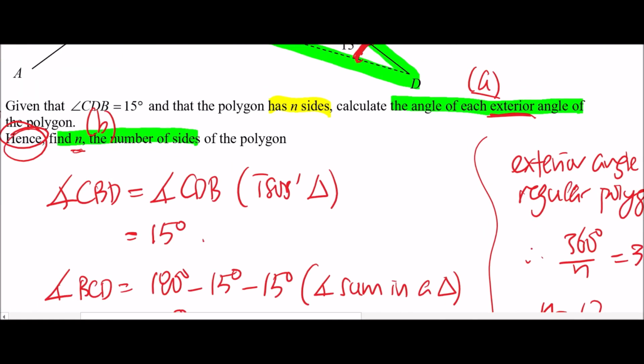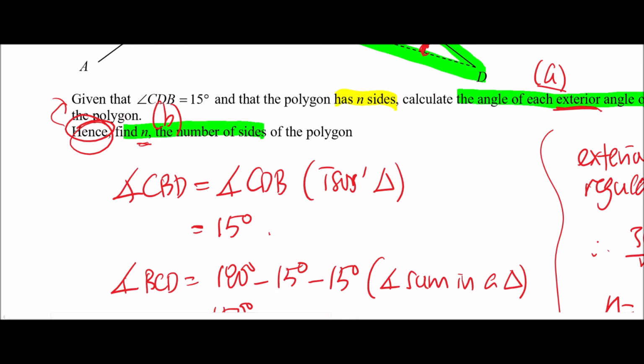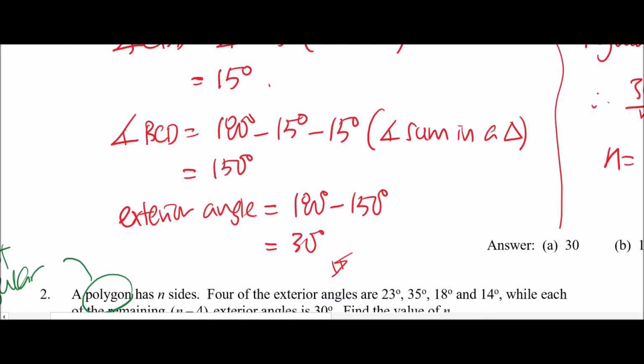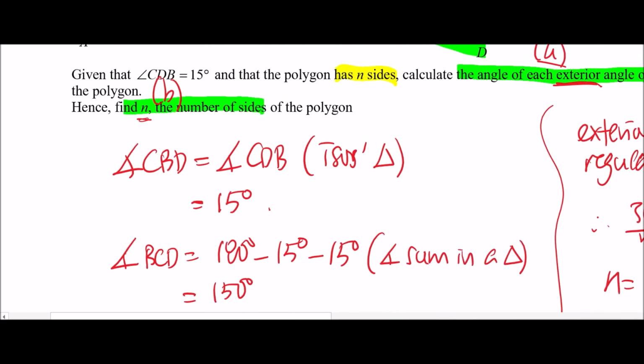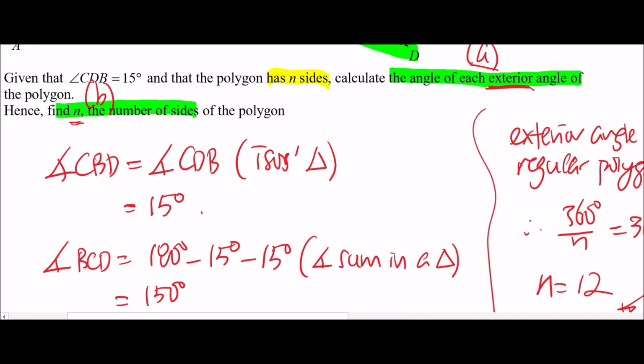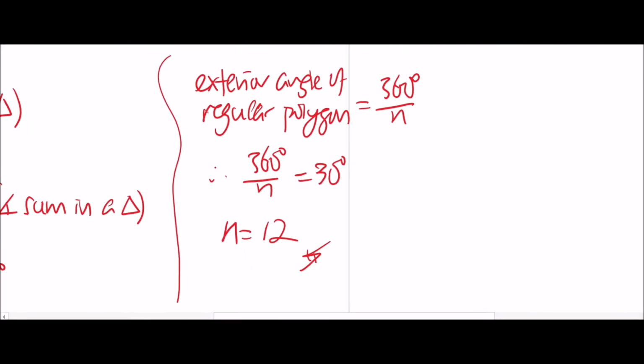In part B, we are supposed to use the exterior angle that we've calculated here, 30 degrees, to find the number of sides. So we'll recall that for a regular polygon, the exterior angles add up to 360. So each exterior angle is 360 divided by n, the number of exterior angles.